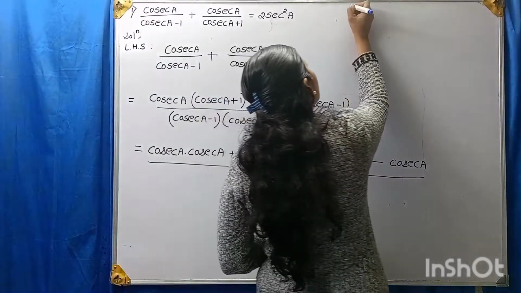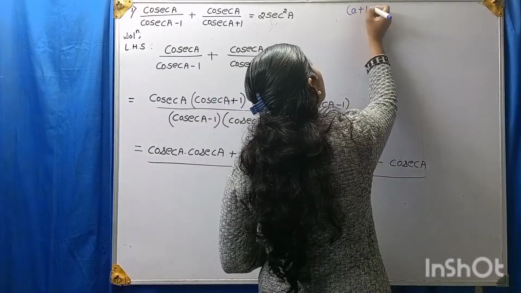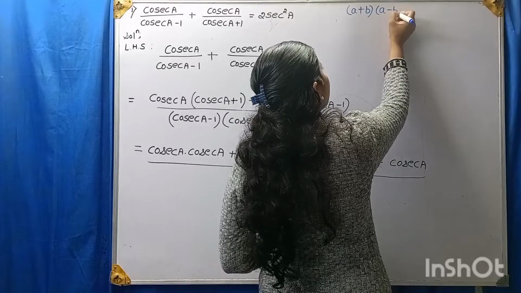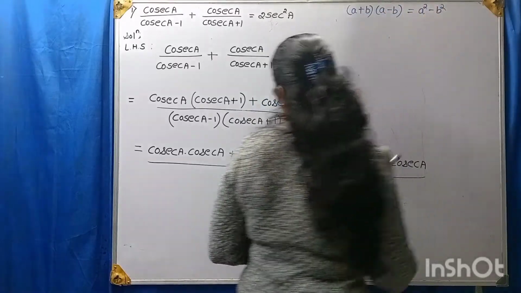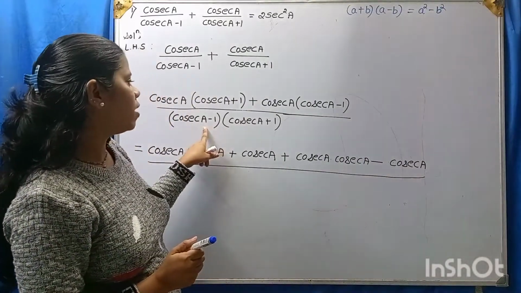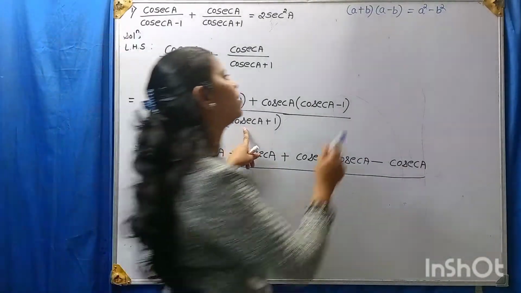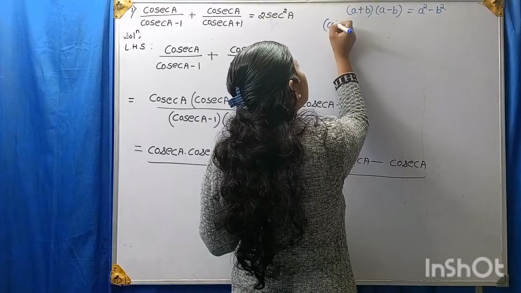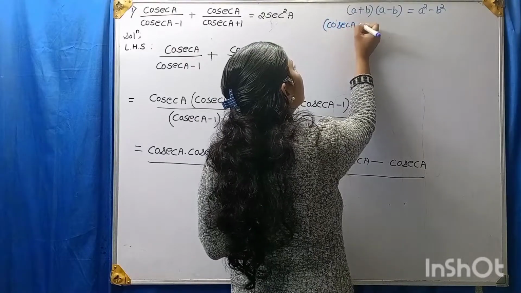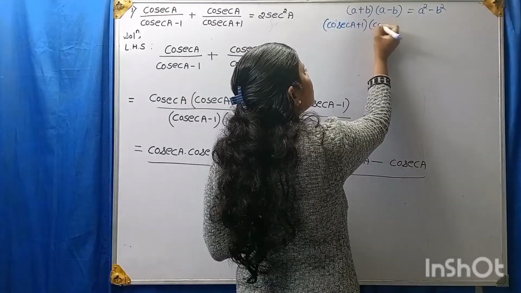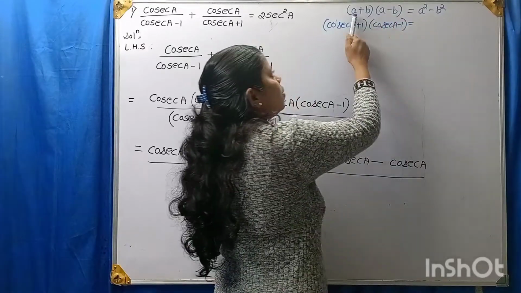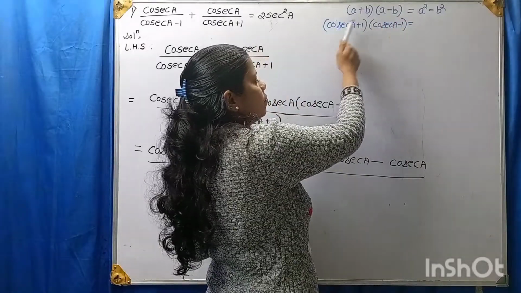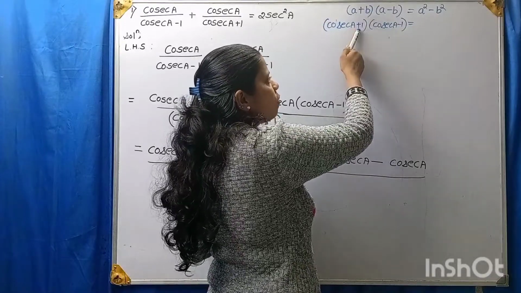Here, in the place of A we have cosecant A, and in the place of B we have 1.